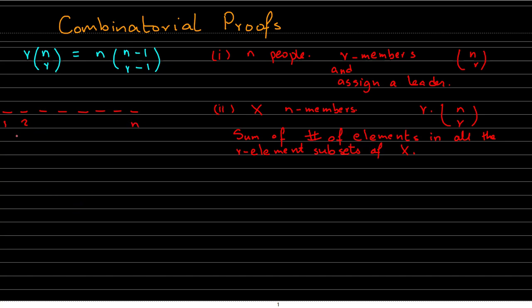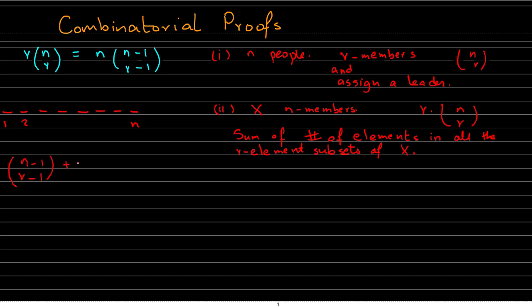Another way of thinking about this is that we want to count all the r member committees in which person 1 is the leader. How many such committees are there? We want 1 to be inside the committee because he's the leader, so we only need to choose r minus 1 more people from the remaining n minus 1 different people, because 1 is already inside. That's the number of committees in which 1 is the leader.